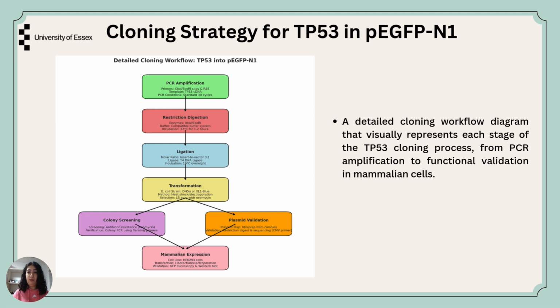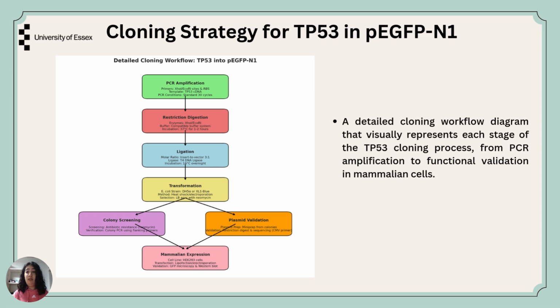So, the cloning process follows these steps. PCR amplification of TP53 cDNA using specific primers. Restriction enzyme digestion of both the PCR product and pEGFP-N1 using XhoI and also EcoRI.